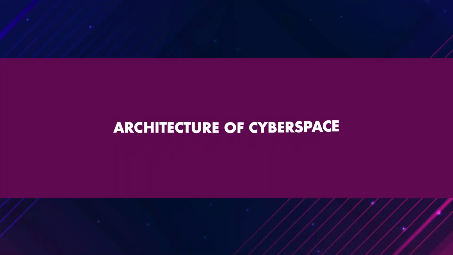Now, coming to the architecture of cyberspace, you can see two beautiful pictures. If you close your eyes and open them and see the first picture, you will find it is a paper architecture. It is developed in cyberspace.